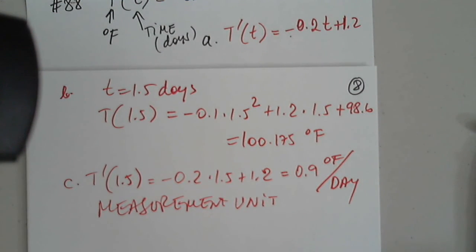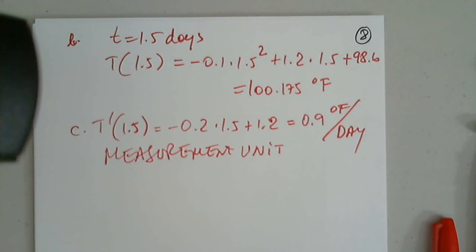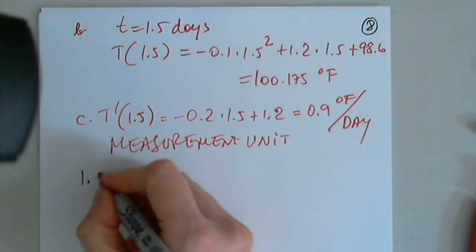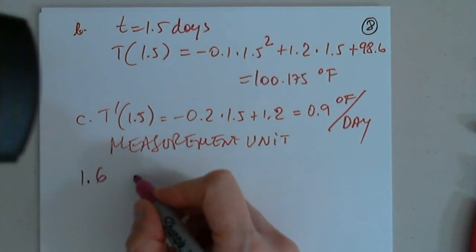Good. I have a few minutes. I just want to show one item from 1.6 because I'm not going to be able to finish. I was hoping to, but it is what it is. So in 1.6, we're going to look at two rules.